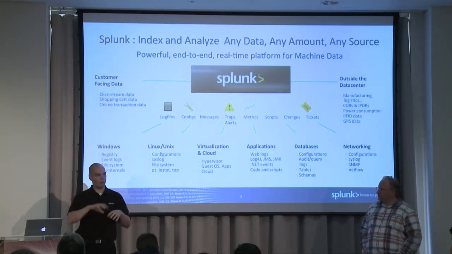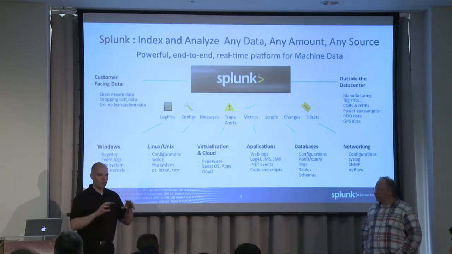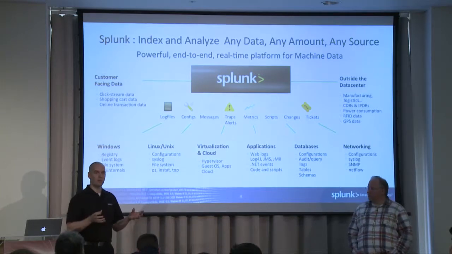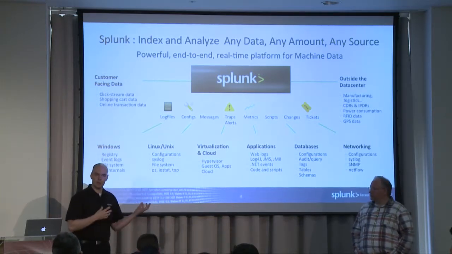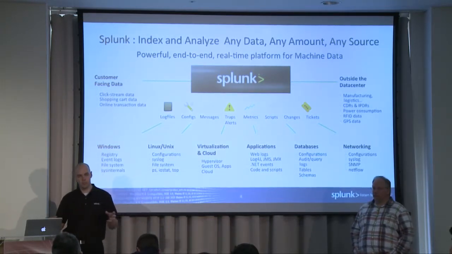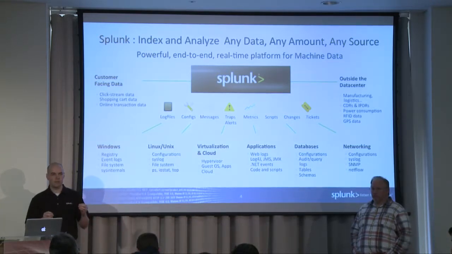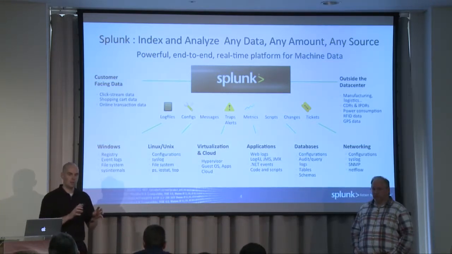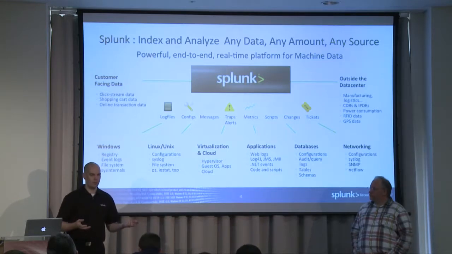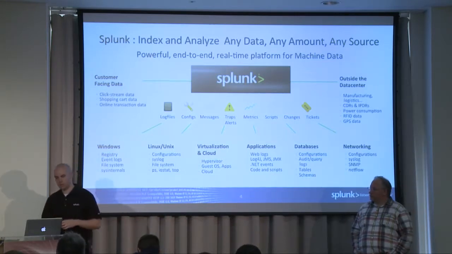You have the Googlebot that crawls and indexes stuff, so it knows where to go find what you're looking for. This is what Splunk does. Splunk indexes all this machine data, so when you need to go find something, you type it in, and Splunk will go out there and look for it for you and help you get to what you're looking for.